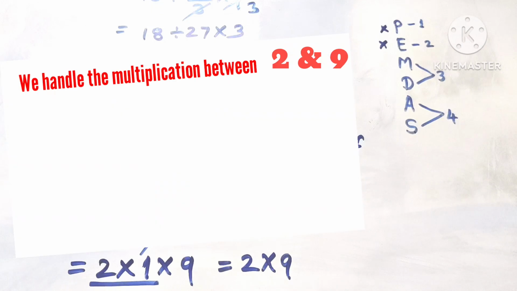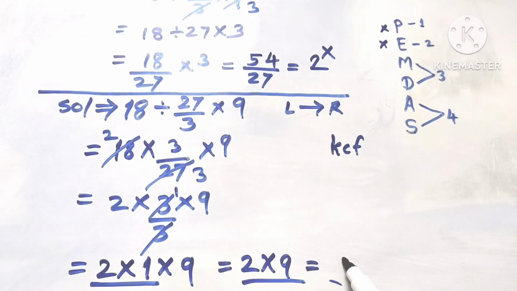Now we handle the multiplication between 2 and 9, which is equal to 18. 18 is the correct answer.